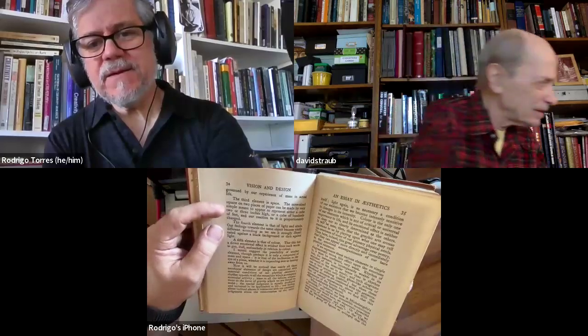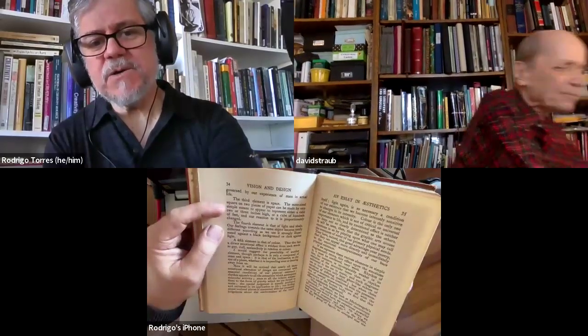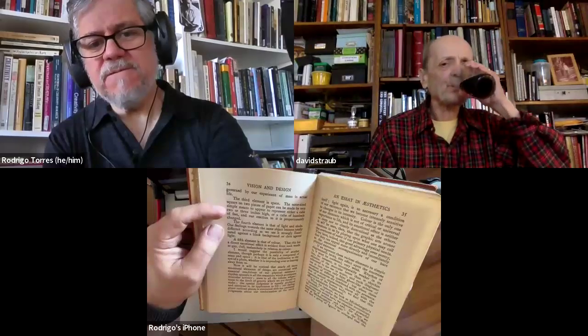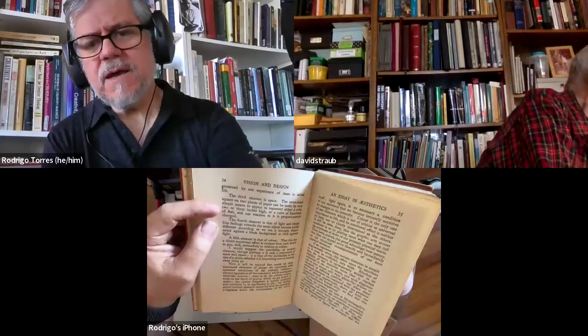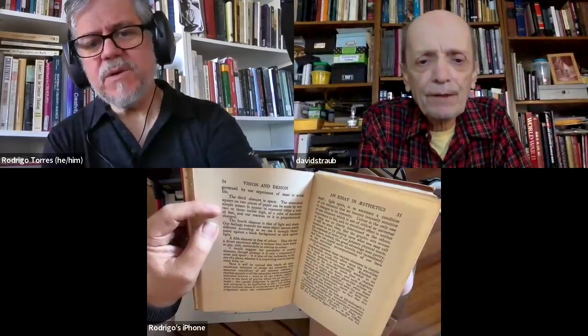For example, he speaks about space, so the same size square on two pieces of paper can be made by very simple means to appear to represent either a cube 2 or 3 inches high or a cube of hundreds of feet.